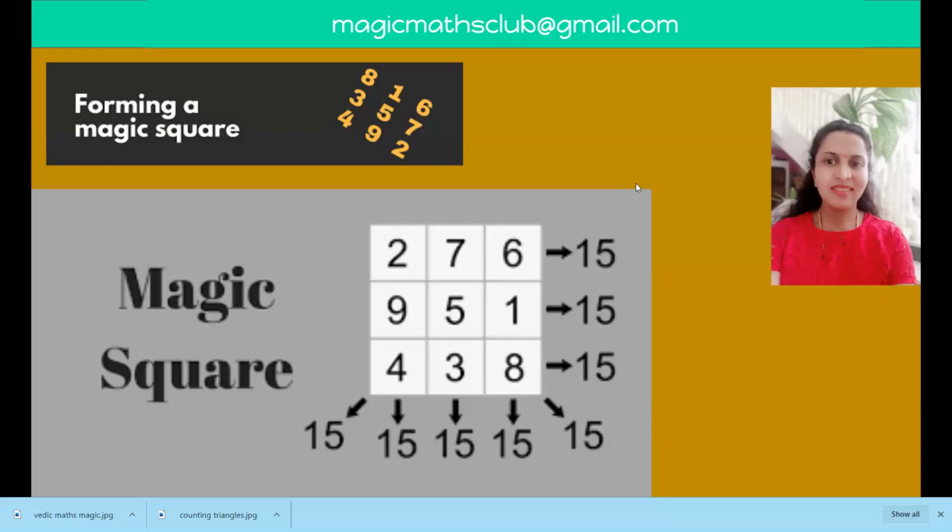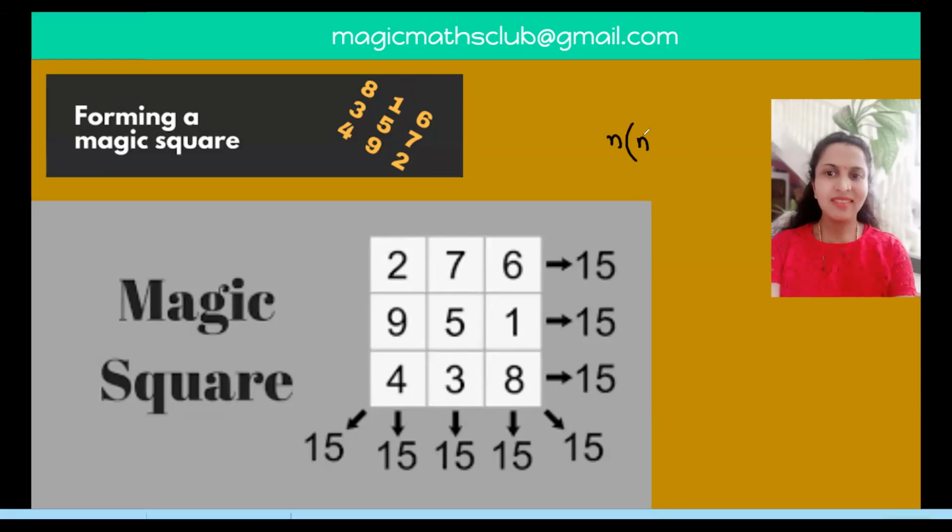Now let's switch to magic square. For magic square, the first thing I'm going to tell you, which is most important, is how to deduce the general formula for finding the magical constant. That is very easy and very handy.